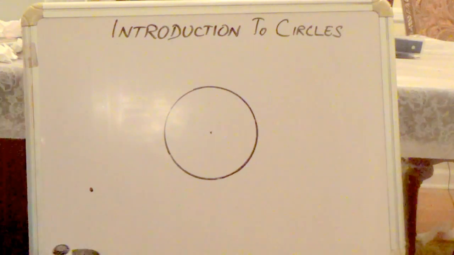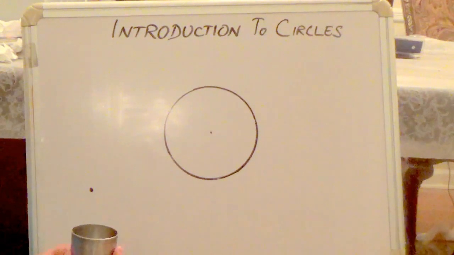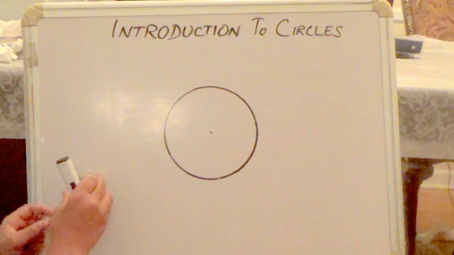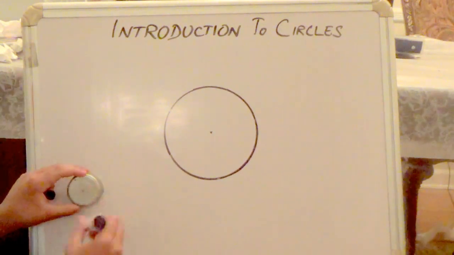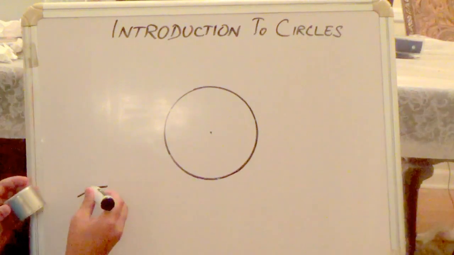Okay, so if I put a little metal cylinder here and I trace around it, each of those points is going to be equidistant from a center.